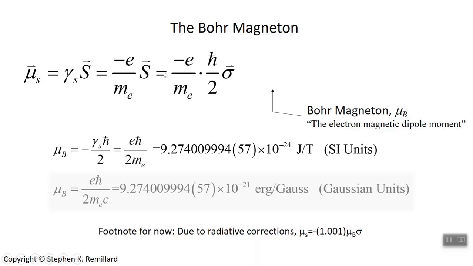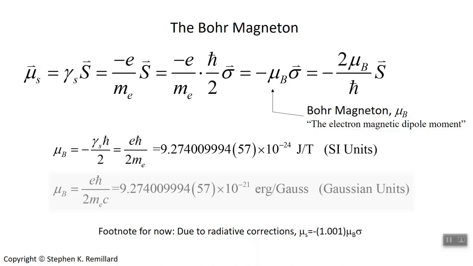These constants, 2 is a constant, minus e h bar over 2 mass of electron, go together to make something called the Bohr magneton, which technically is the electron's magnetic dipole moment. And then one final rendition of this whole statement is if you replace the Pauli spin operator again with 2 over h bar times the spin angular momentum, you have this version of mu sub s. So these are all valid versions of mu sub s.